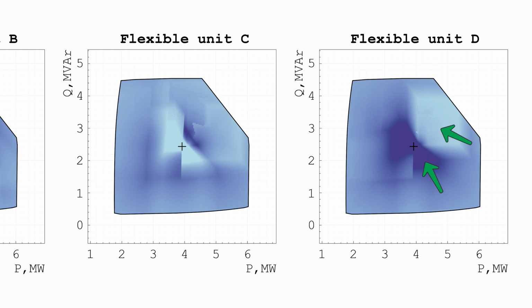So if we're moving to this upper right corner of this figure. So it is clear that something affects the optimal flexible unit dispatch, probably network constraints and voltage issues. But still, why are these results so complex? Why do we have these strange shifts in the flexible power allocation between the units?